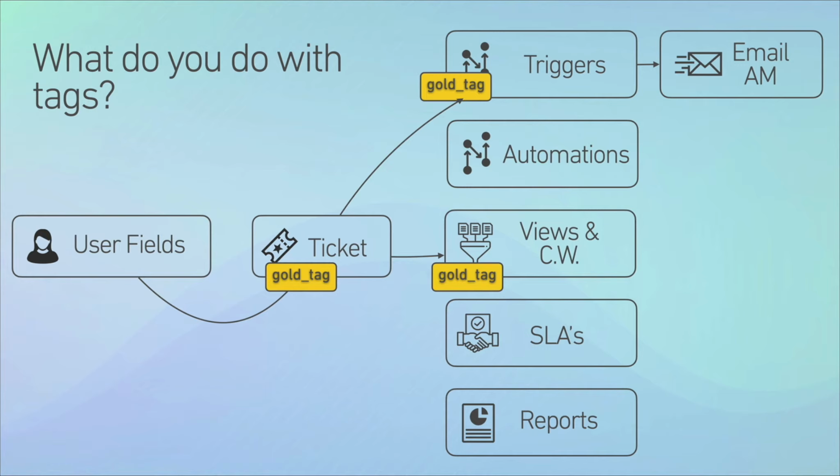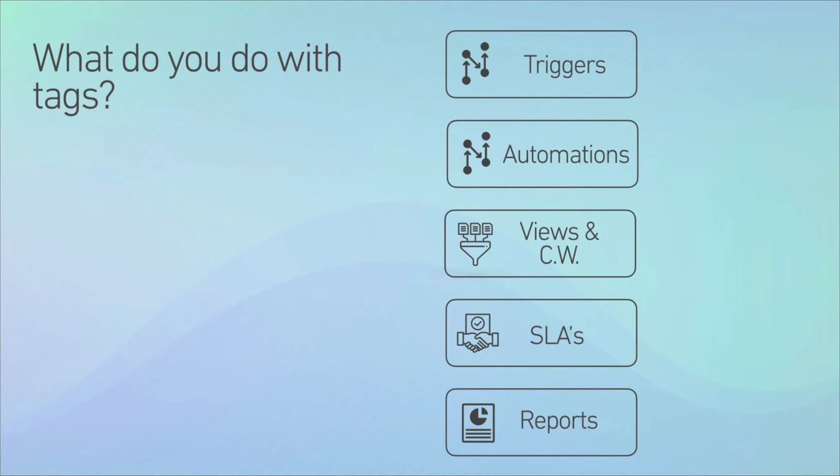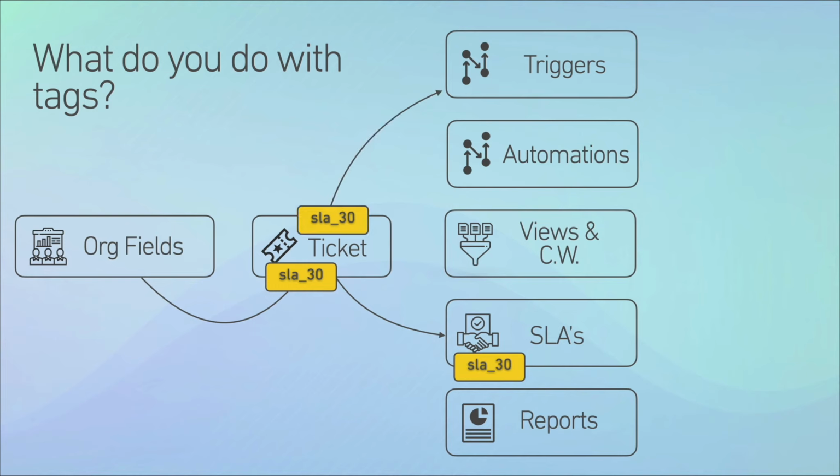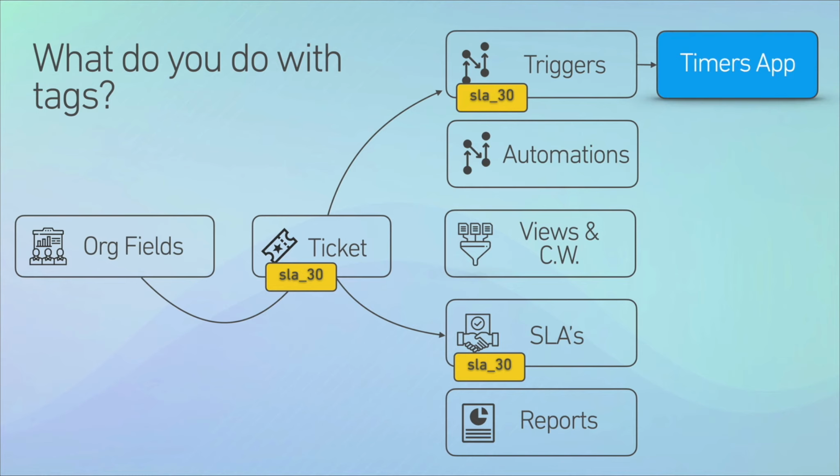Another more involved example might be that you have someone from an organization that contains a 30-minute SLA tag. And this tag is what could kick off the actual 30-minute SLA in Zendesk. But to ensure that the SLA isn't breached, you might have a trigger that fires at the same time as the SLA starts. That trigger could start another flow, for example, start a timer in our timers app.